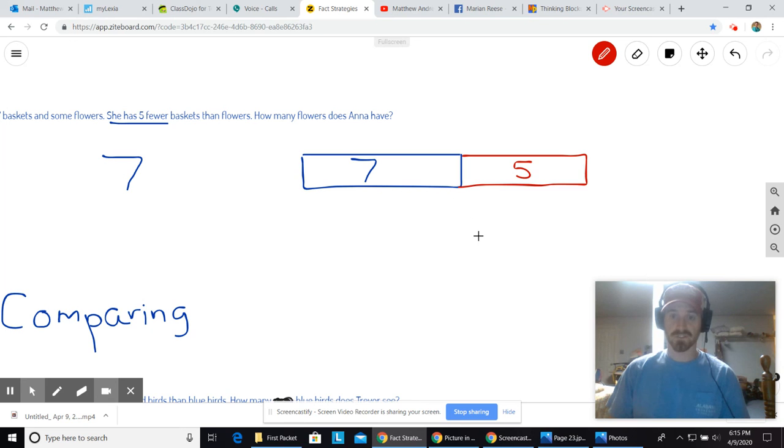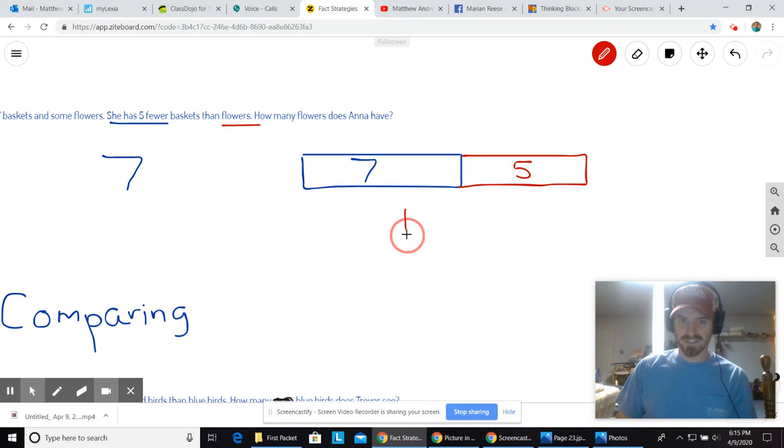Okay. So now if I add 7 plus 5, I should get how many flowers there are. And I just know that 7 plus 5 is 12 because if I give 3 from the 5 to the 7, it'll make 10. And the 2 that's left will make 12 because 10 plus 2 is 12. So I think I found my answer.